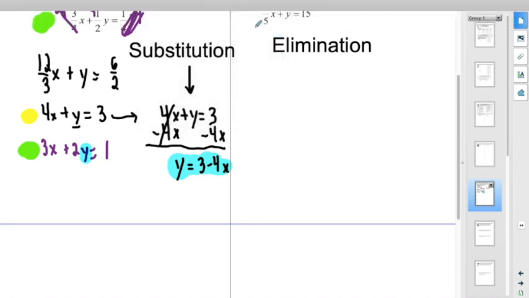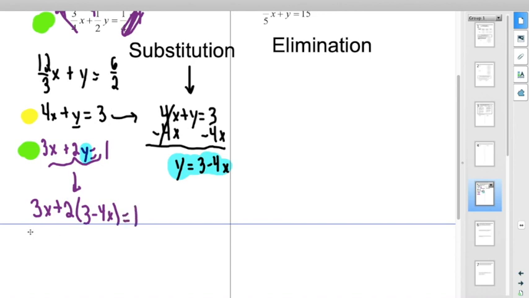So I have 3x plus 2, and then y is 3 minus 4x. So I'm going to substitute that in: 3 minus 4 times x equals 1.